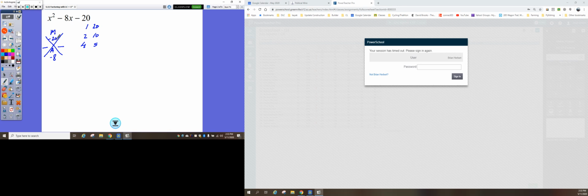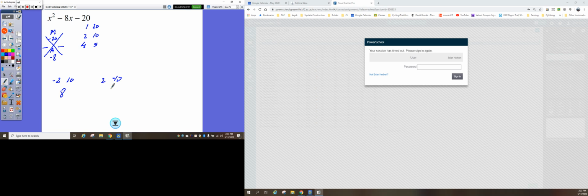If I take two numbers and multiply them together and get a negative, that means one of these numbers has to be negative. So the question is, which one of these numbers has to be negative in order to get a negative 8? We have a 2 and a 10. We know those are going to be our factors. We want to know which one has to be negative. So negative 2 plus 10 gives me an 8.